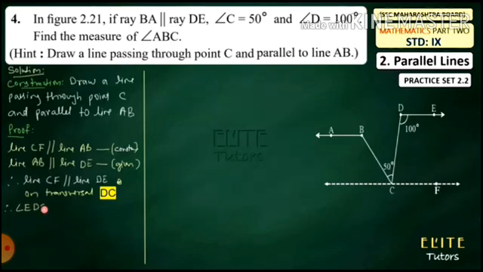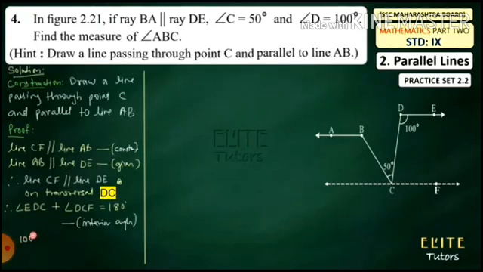Angle EDC plus angle DCF equals 180 degrees. We will put the value: EDC we have 100 degrees. First of all, we will write the result, interior angle test. Now put the value.